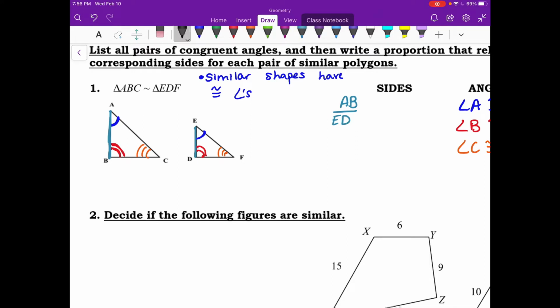That has to be equal to a second proportion. I'll do BC over DF, which has to be equal to a third proportion, which will be AC over EF.